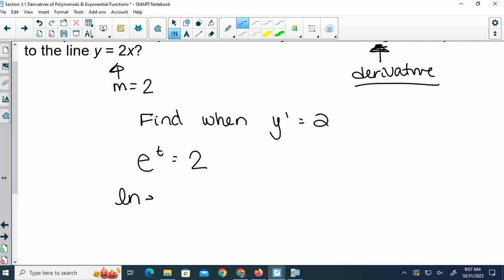And we know we can do it on each side. What happens when you have a natural log and an e? Cancel. So t is the natural log of 2.